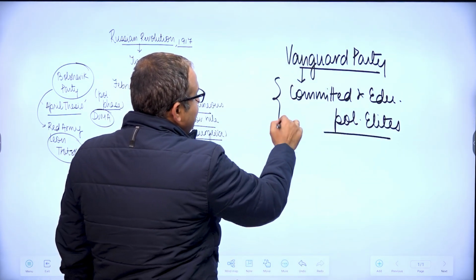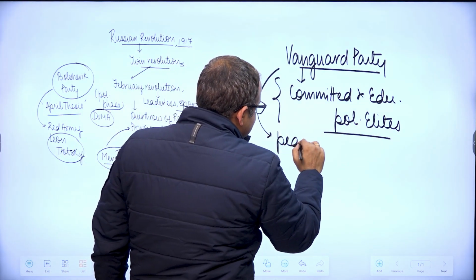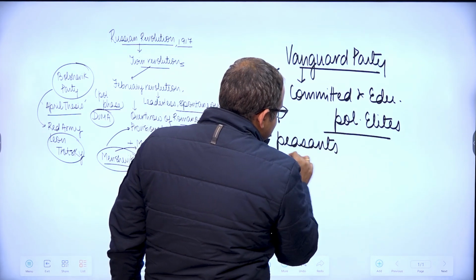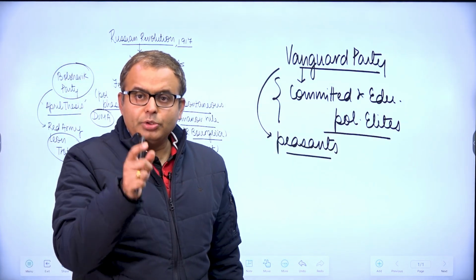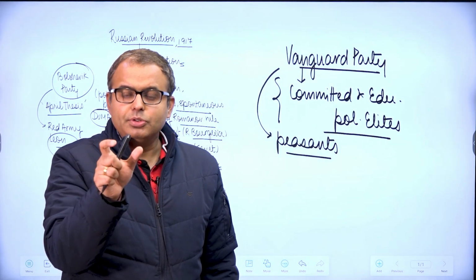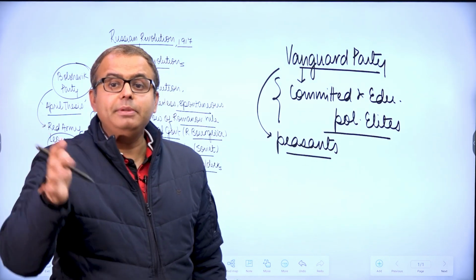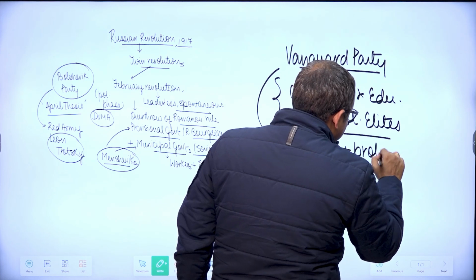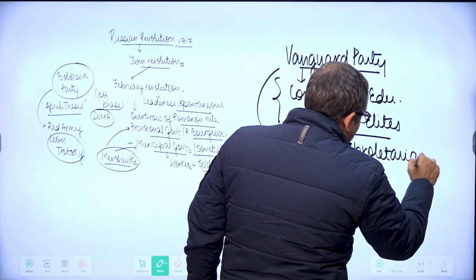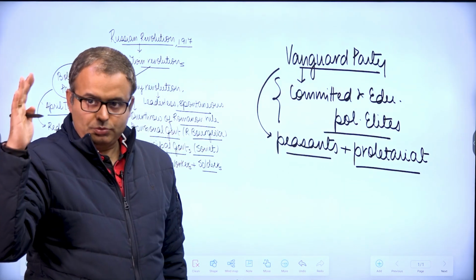And this Vanguard Party would mobilize both peasants and proletariat. Marx had not mentioned anything about peasants. But Lenin says that in the Russian economy today, the working class is hybrid. They are both peasants, and many of them are peasants who are part-time industrial workers. So they will mobilize both, and they would start a revolution.